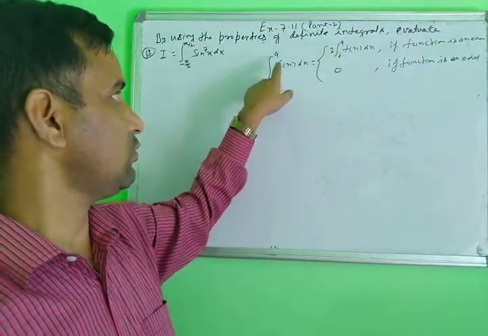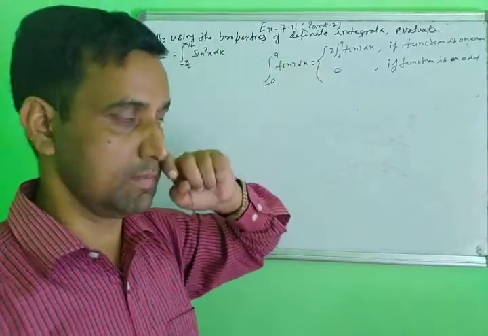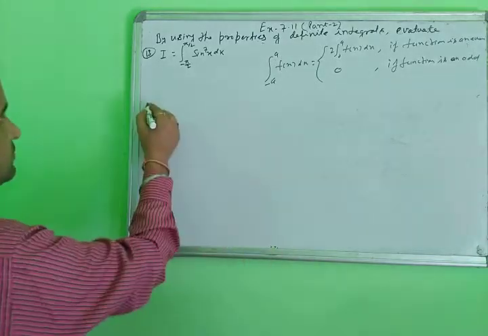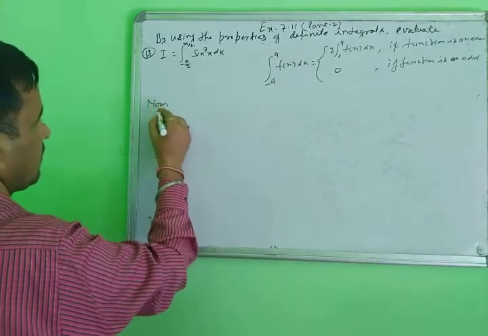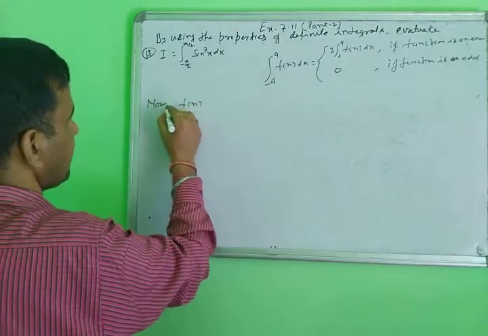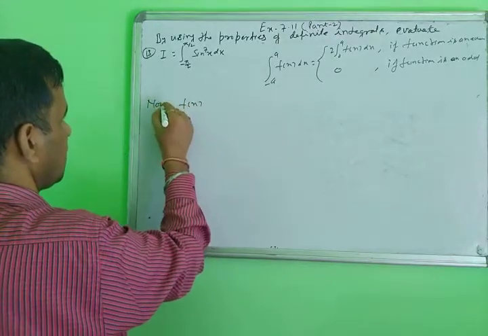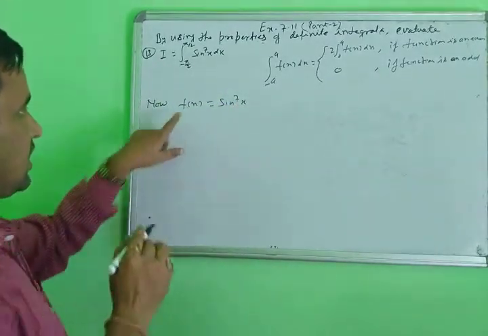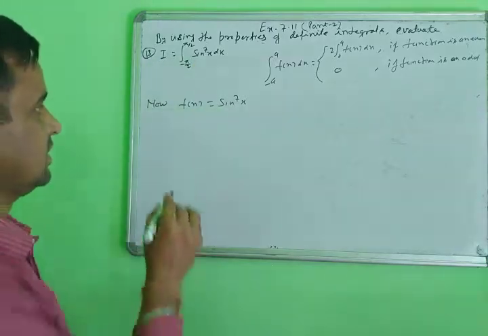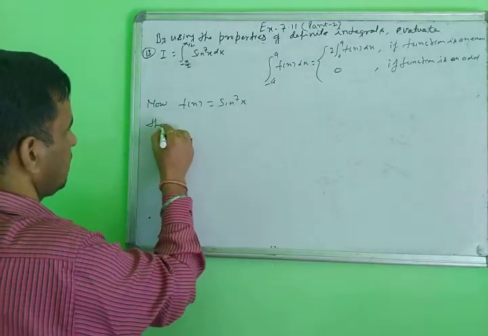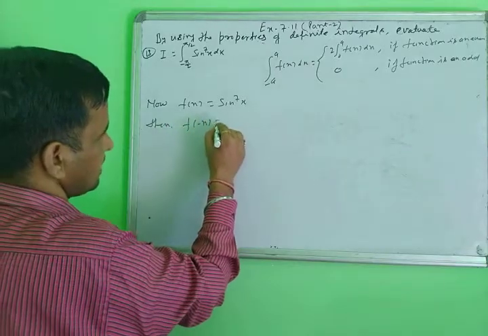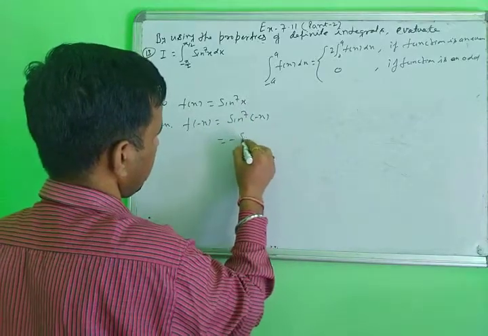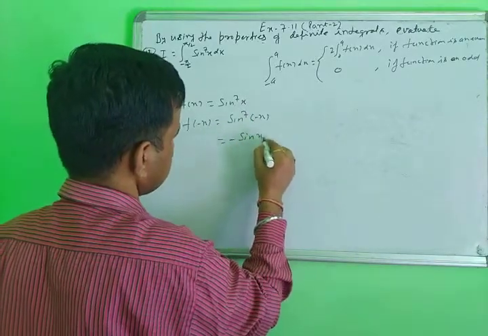So for the integral from minus a to plus a, you can convert the function into two types, even and odd. First, check whether the function is even or odd. Now suppose f(x) equals sin 7x. Then f(minus x) equals sin of minus 7x, which is minus 7x in the sine.